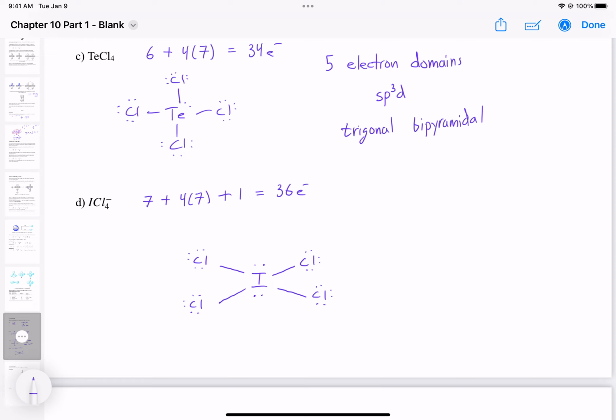So this has 1, 2, 3, 4, 5, 6 electron groups because of the 6 domains around it. So 6 electron domains.